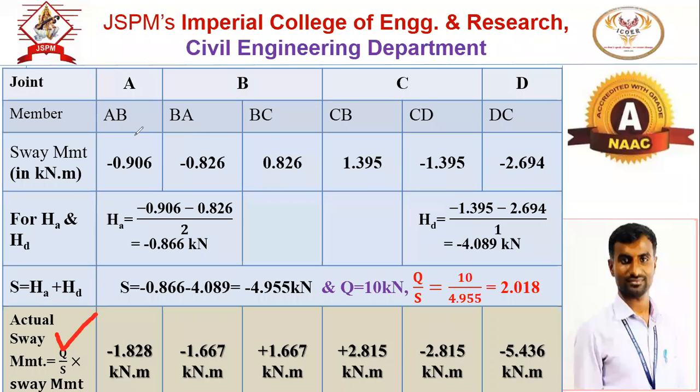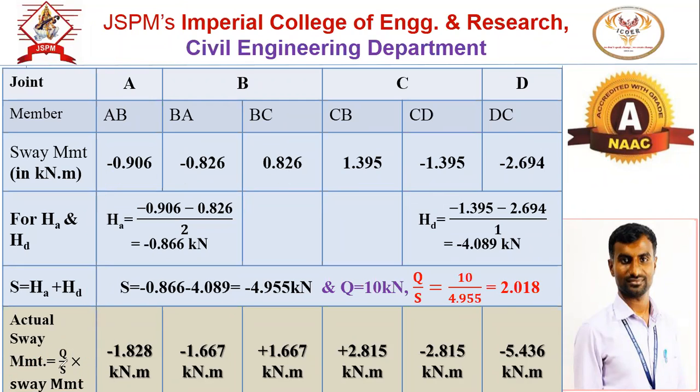So for the final MAB, these moments are multiplied with 2.018. Q by S ज्या फ्रॅक्शन, या प्रत्येक मोमेंटला आपल्याला मल्टिप्लाय करायचं आहे. So this is the formula we are having, and these sway moments are nothing but the moments for each member.